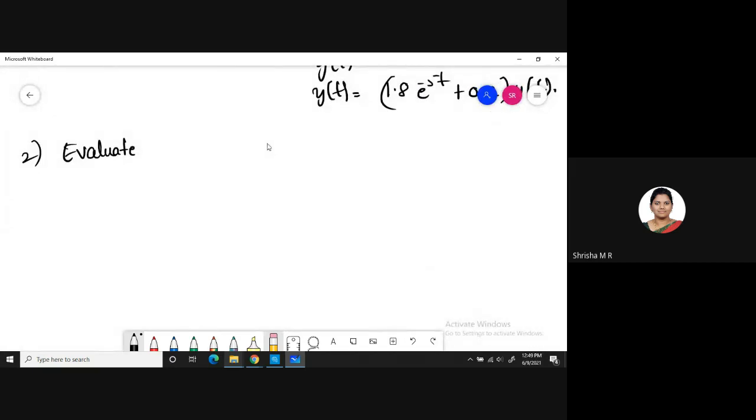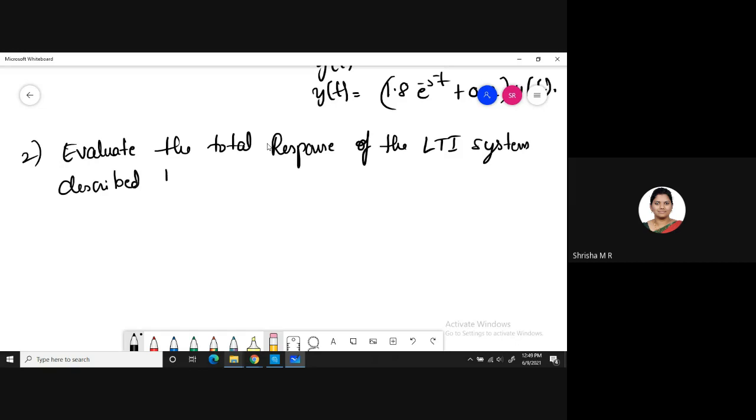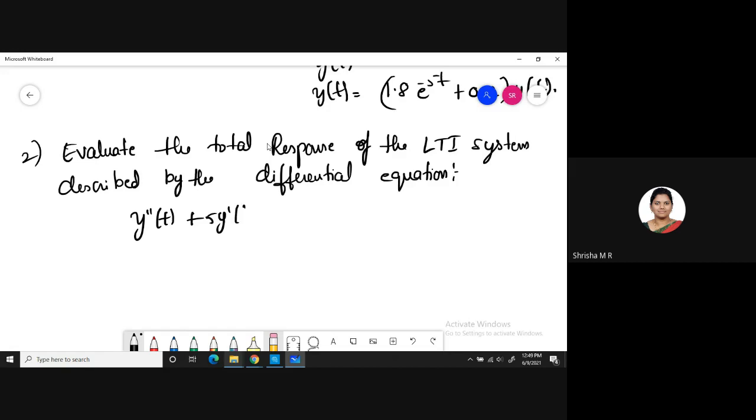So take down this problem. Evaluate the total response of the LTI system described by the differential equation y double dash of t plus 5y dash of t plus 6y of t is equal to 2 into e power minus t into u of t.